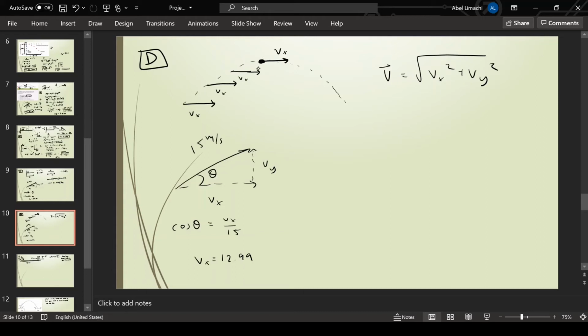Since we know that there's no y velocity at the maximum height, this zeroes out. So we get v is equal to the square root of Vx squared. Well, we know that the square root and the squared cancel out, so v at max height is equal to Vx. So v at max height is equal to 12.99 meters per second.